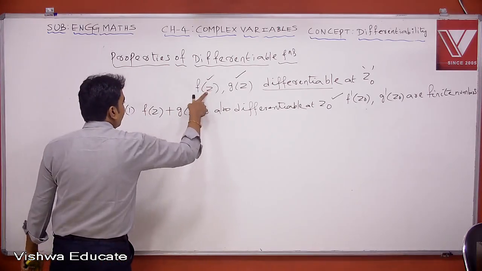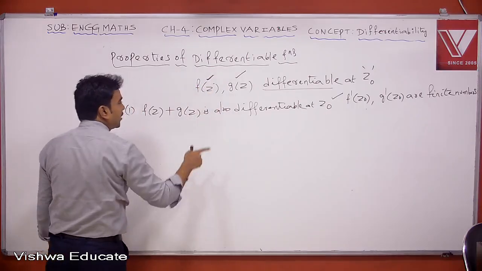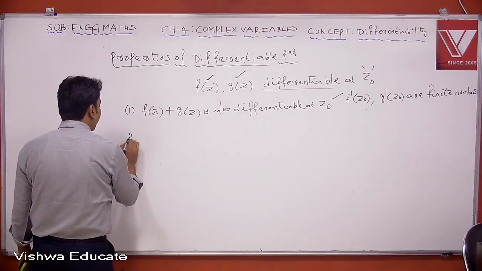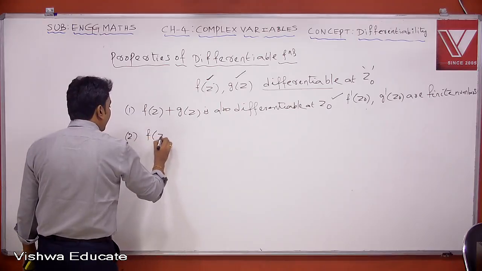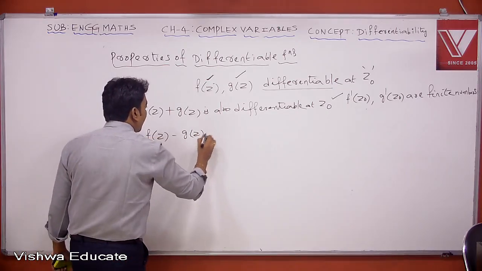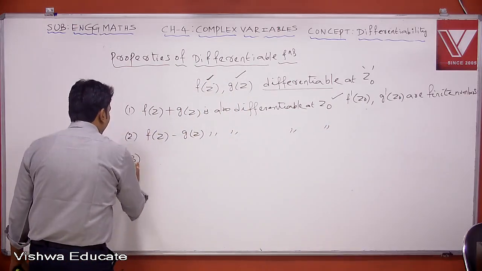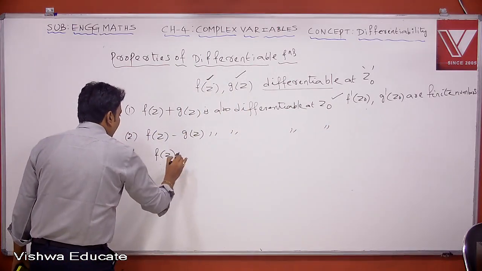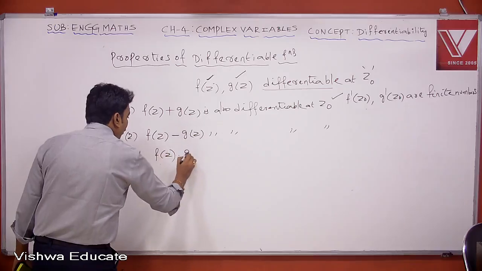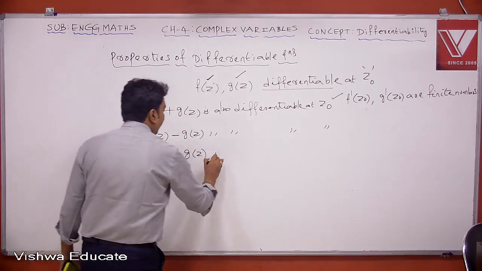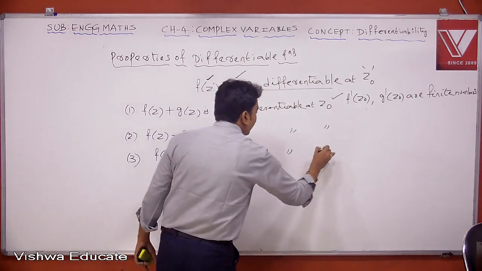So when f of z and g of z are differentiable at z0, then their sum is differentiable. Even their difference is also differentiable at the same point. Similarly, the product is again differentiable. Now replace this minus by dot. F of z dot g of z is also differentiable at the same point.